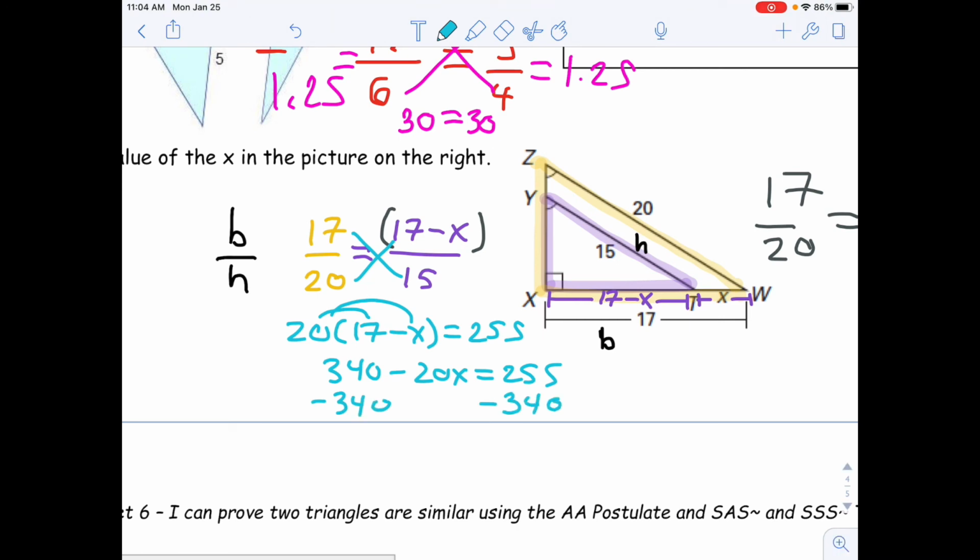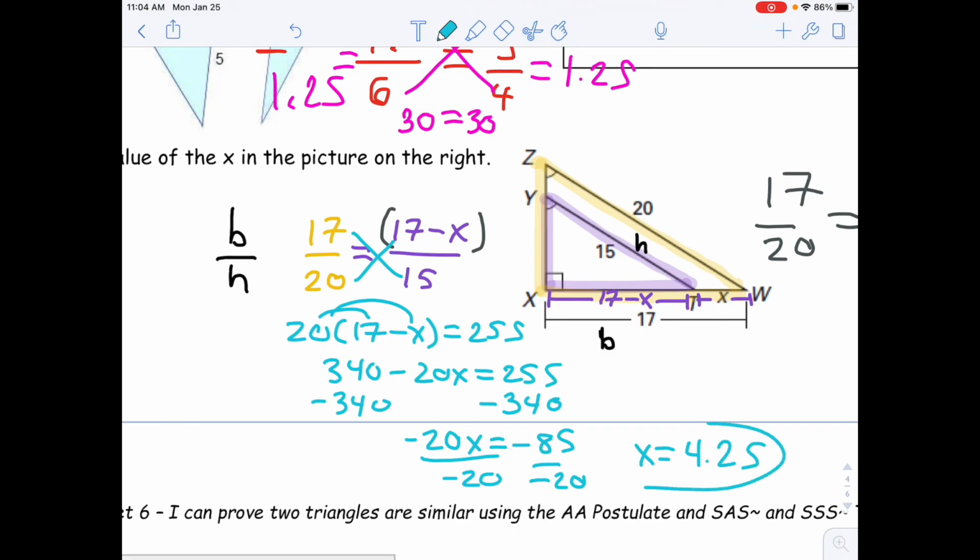Subtract 340 from both sides. I believe it should be like negative 85, but let me just double check. Yep. Divide both sides by negative 20. Negative divided by a negative is going to produce positive 4.25.